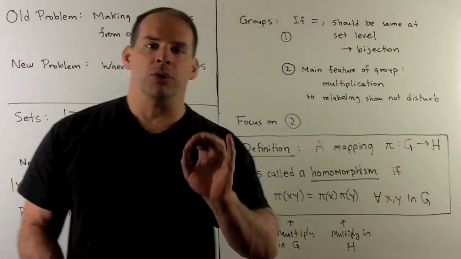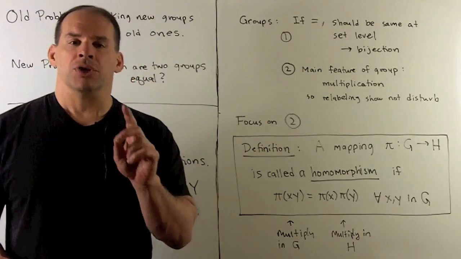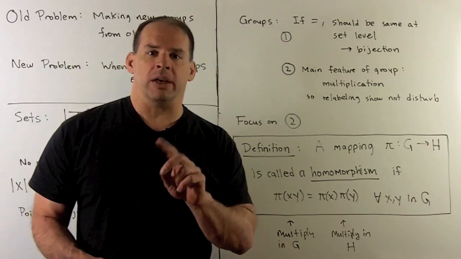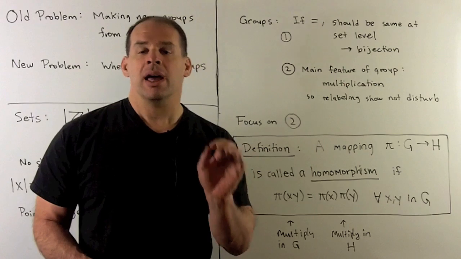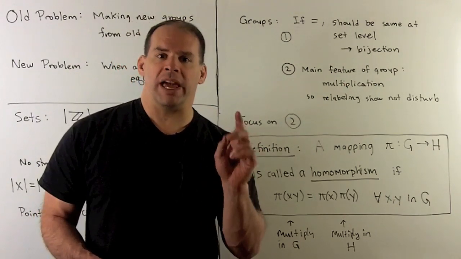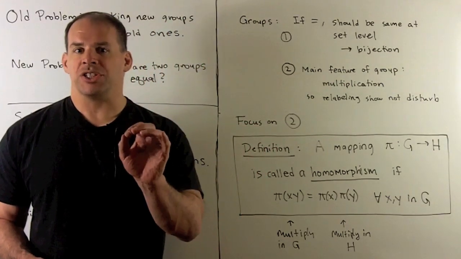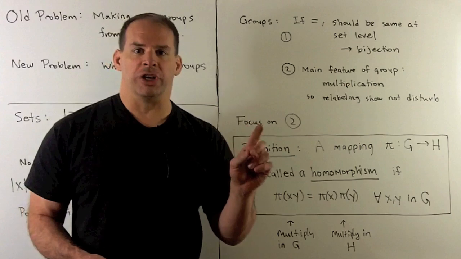Now, if we move to groups, well, groups are sets. So to have two groups equal, we would want them to be equal as sets, meaning that we can construct a bijection between the sets. But groups also have a multiplication, so on top of that, we're going to want these bijections to preserve the multiplication.